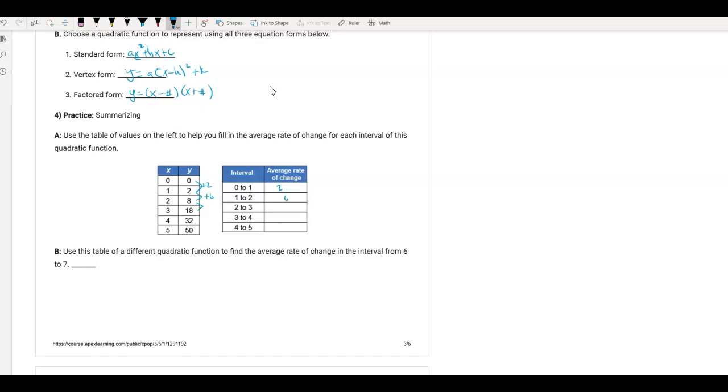Then it goes up 10. Then it goes up 14. And then it went up 18. Okay, so it says use the table of a different quadratic function to find the average rate of change in the interval from 6 to 7. Okay.